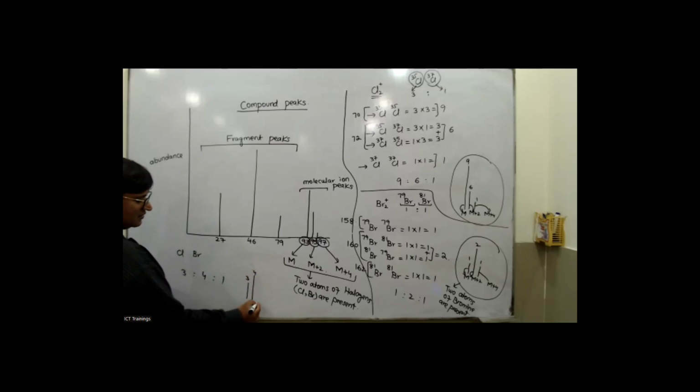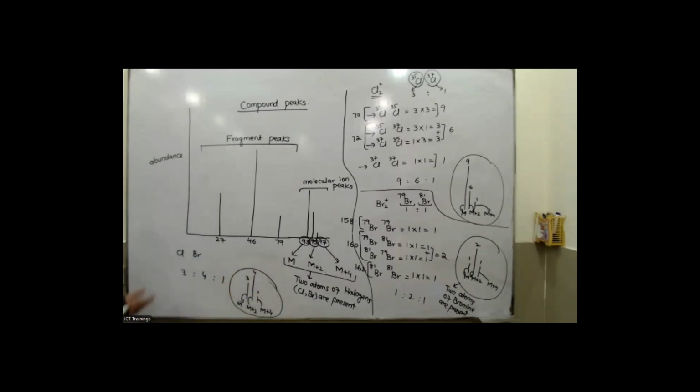Okay, and then 1. So this is the M peak. This is the M plus 2 peak, and this one, that is M plus 4 peak. Okay, so 3:4:1. So if 1 chlorine and 1 bromine atom is present, no calculation is required for that. You just have to memorize this one. Okay, did you get it, guys?